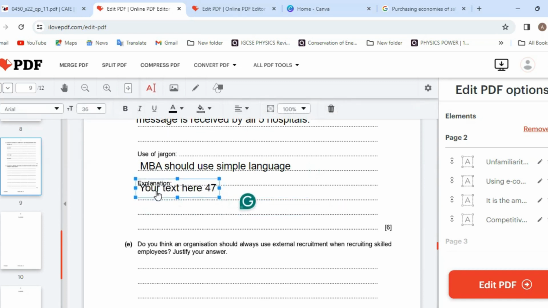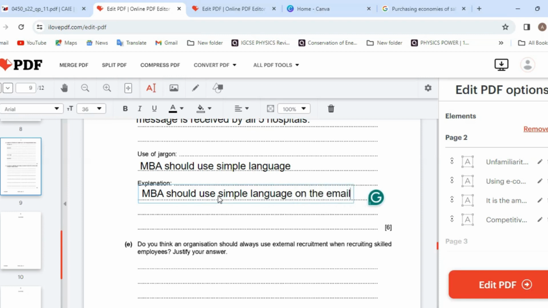Okay, let's try and type the explanation here before we move on. MBH should use simple language on the email so that it will be easy for the employees to understand.